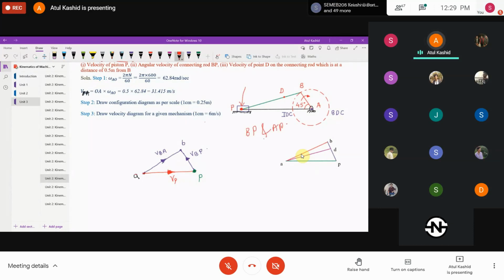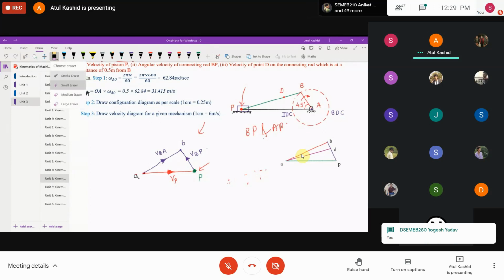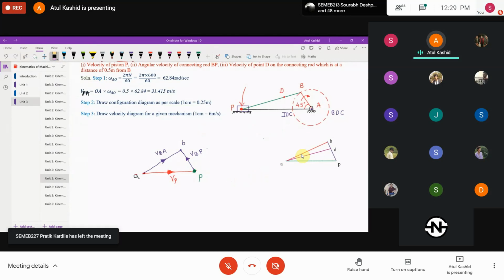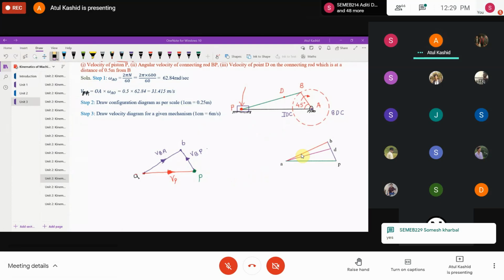In the velocity diagram also you can see the point P is over here and it is the intersection of AP and BP. Remember this trick. Please reply whether everybody has reached this point so that we can now identify the required things which are asked in the question.